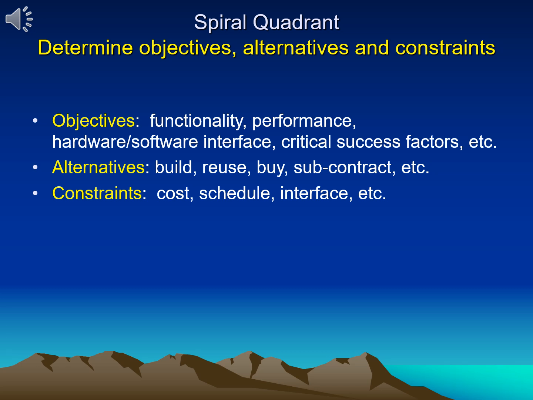Some of the key objectives include functionality. The system must perform the required tasks effectively. For example, an e-commerce website must handle product listings, payments, and user authentication. Performance: speed, responsiveness, and efficiency are crucial.